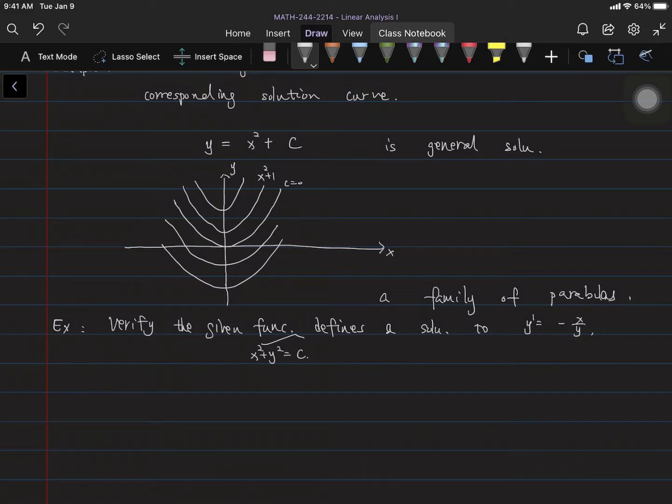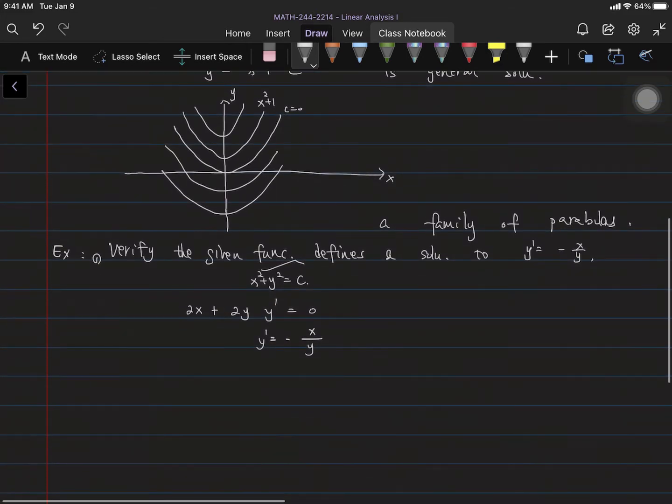This is the implicit solution actually, right? And do you remember how to verify this solution? We do implicit differentiation, right? Okay, let's have a quick review. Implicit differentiation: 2x plus 2y y prime equals 0. Solve this for y prime, which is negative x over y. This is the solution to that differential equation.